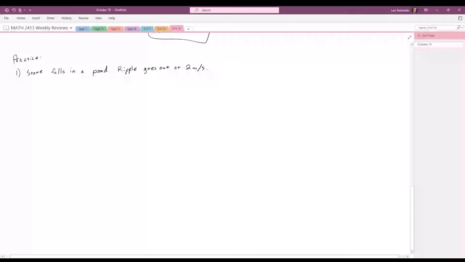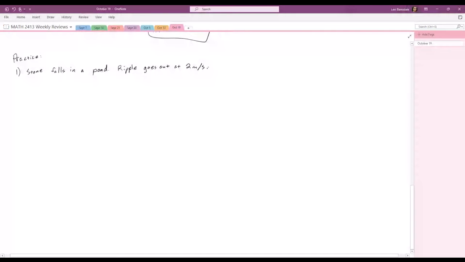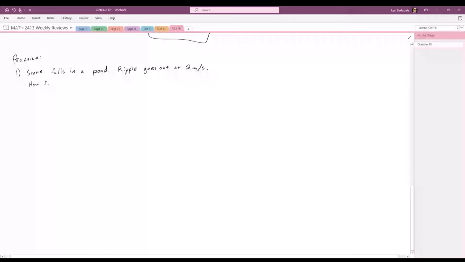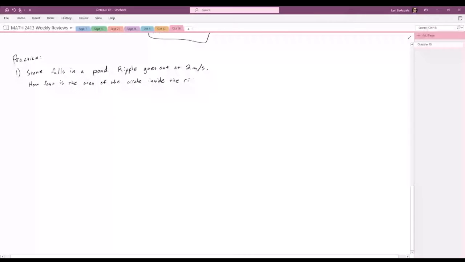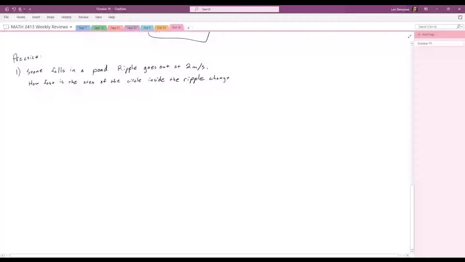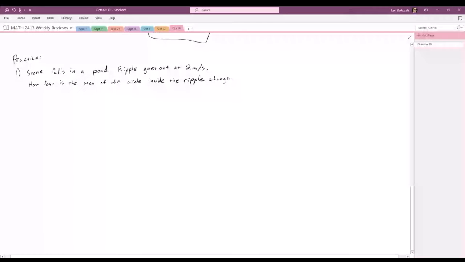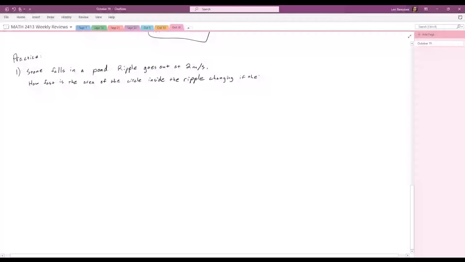And I want to know how fast is the area of the circle inside the ripple changing if the ripple has a radius of 4 meters.